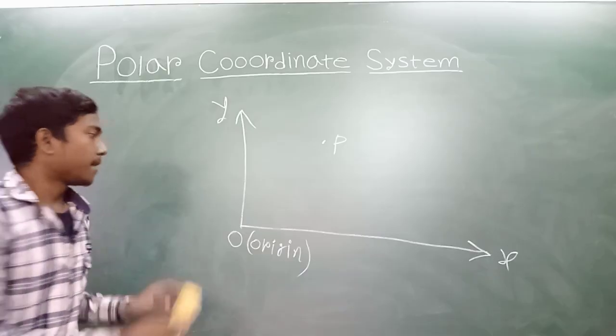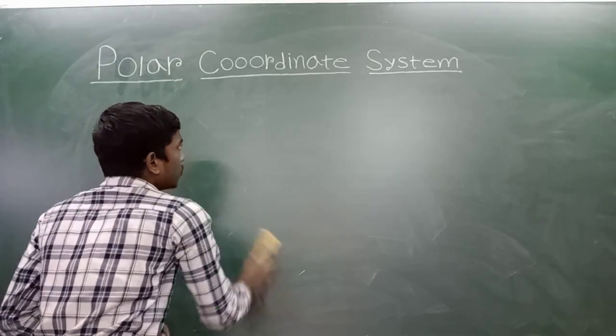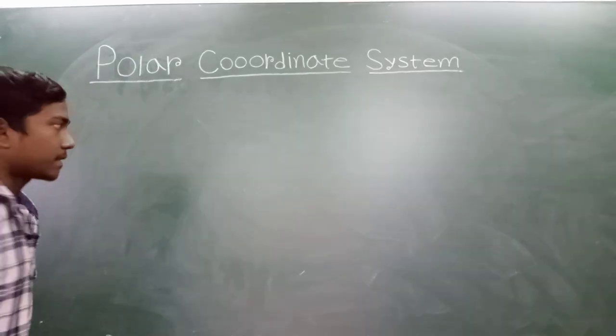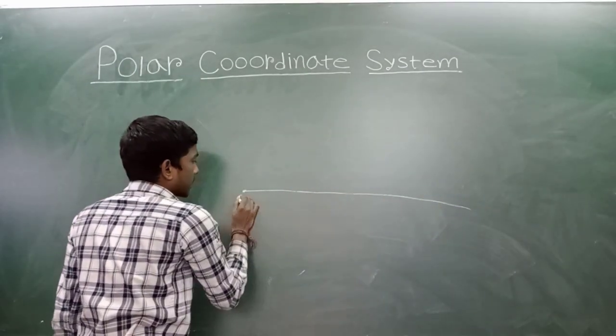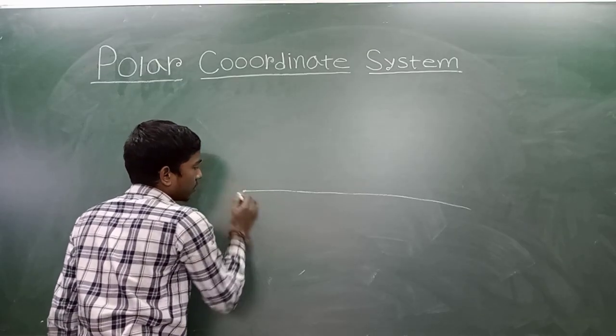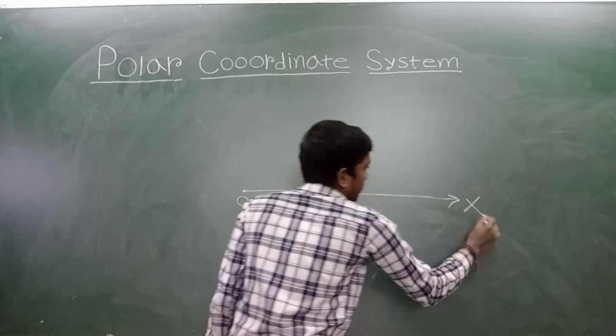Okay, but in this polar coordinate system we need not take two reference lines, rather we just have to take one fixed point and one fixed line, one fixed point O and one fixed line OX.